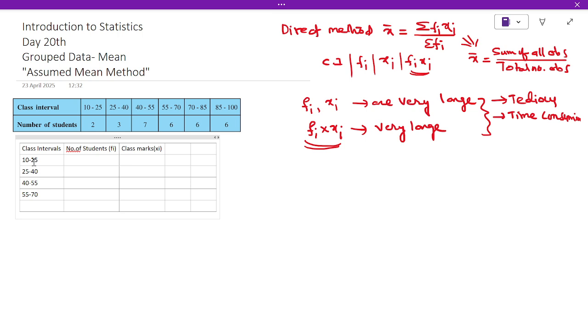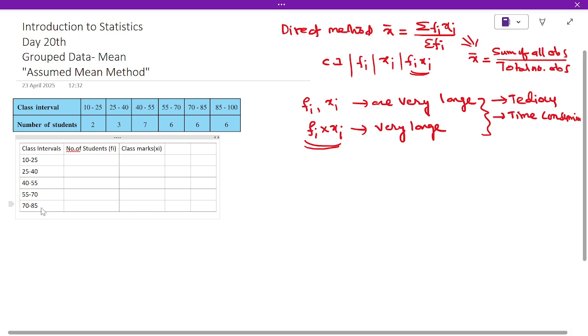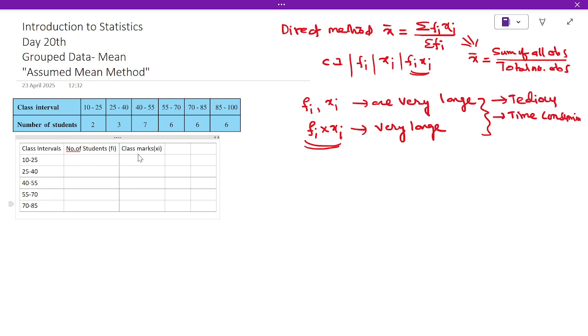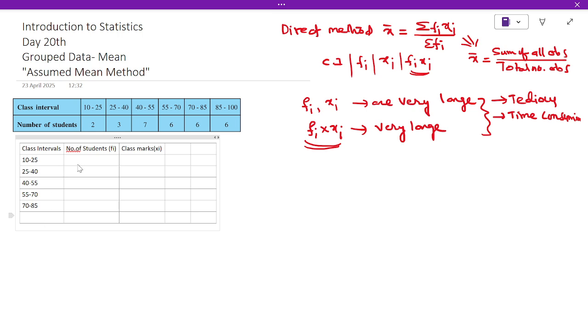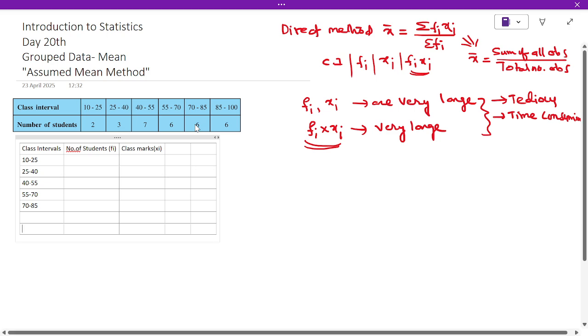then 70 to 85. Okay, so we need to add one more column, so let us right click and go to the table, insert below. Okay, so I need one more row, because if you remember, in the direct method we were supposed to take the sum of the frequencies and the sum of the product, so for that purpose.